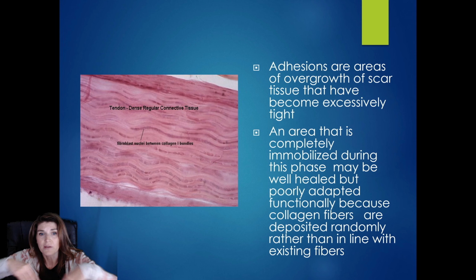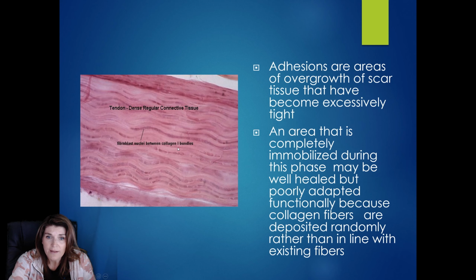It doesn't always happen. You still see thicker bands of collagen. The collagen tends to be a little bit tight when it grows in, and so they just want to work it so that you get back to full functioning afterwards.